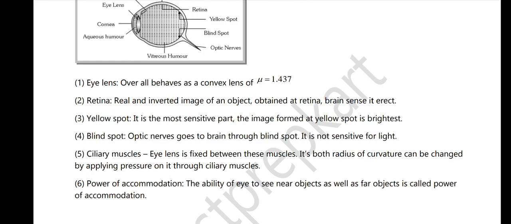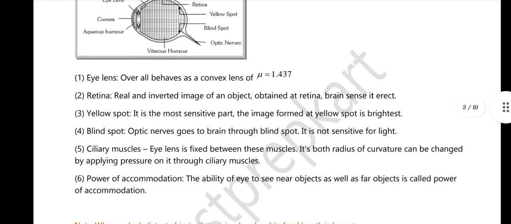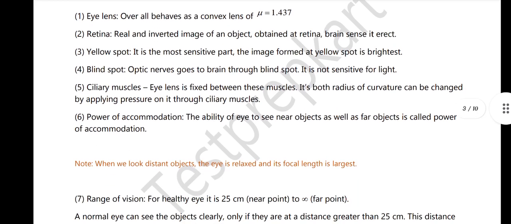Next, power of accommodation. It is the ability of the eye to see near objects as well as far objects. So these are the things about the eye you have learned.